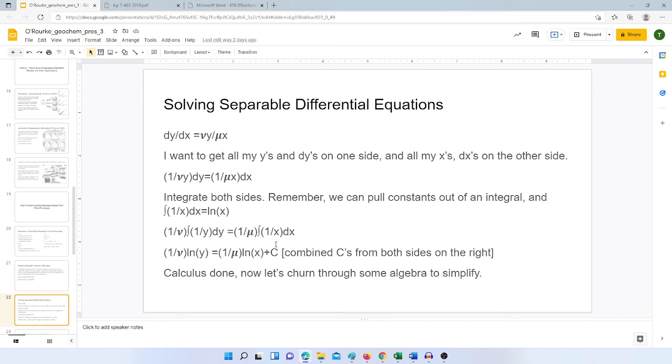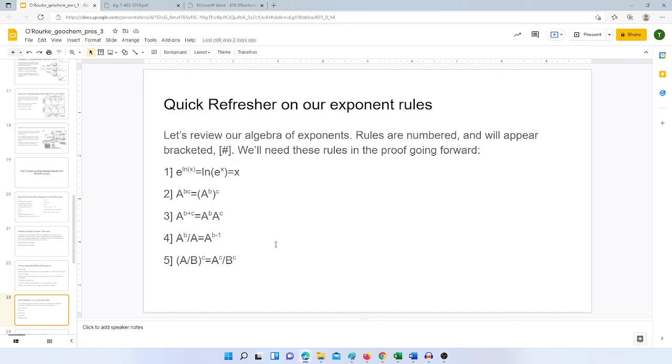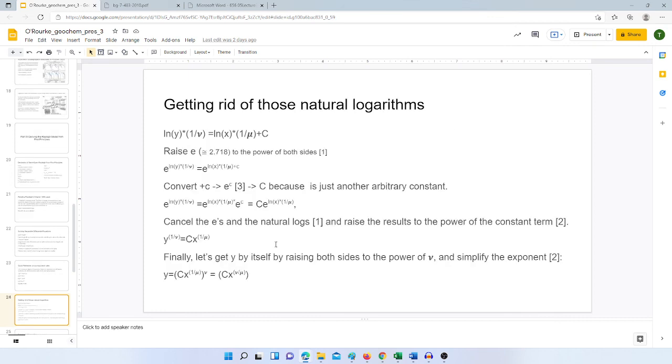Now we want to churn through some algebra to simplify. There's a lot of exponent-based algebra in this proof, so these are the rules of exponents we'll need to walk our way through the proof, and I have the numbers bracketed elsewhere. So let's start by raising e, which is Euler's constant, approximately equal to 2.718, to the powers of both sides. We can use rule 3 and the arbitrariness of integration constants to reorganize our equation into something that looks like this.